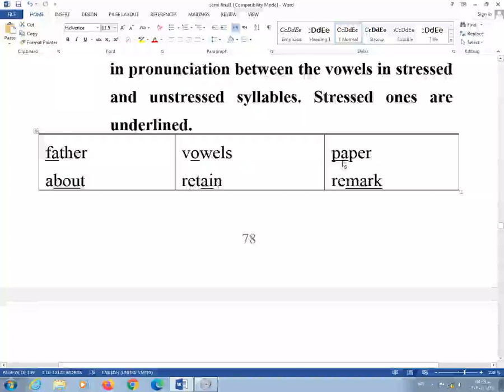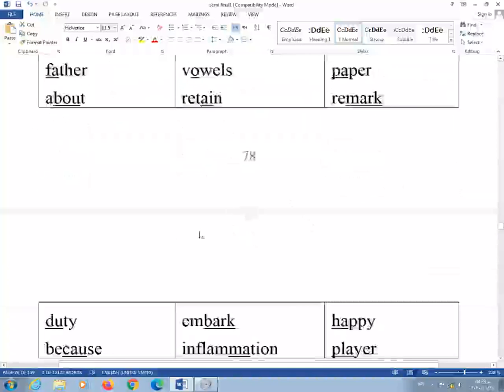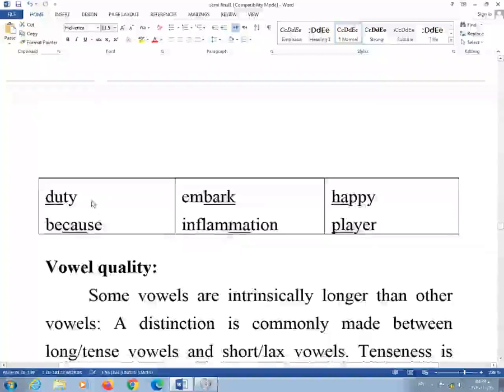Paper. Okay, first syllable, pa, and second, per. Okay, remark. Mark. Okay, second syllable, which is stressed, as you see, and the vowel is very strong and very loud and a long one. And then we have duty.